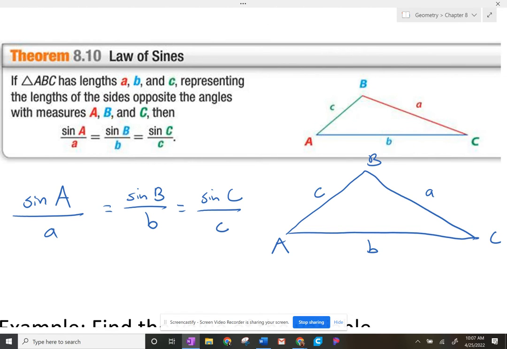And then the opposite angles, so the angles that are completely on the other side of the triangle, are to be represented by the capital A, the capital B, the capital C. Again, the same way I drew the triangle before, just this time we don't have a right triangle or a hypotenuse to deal with. So angle A corresponds to side A, angle B corresponds to side B, angle C corresponds to side C.